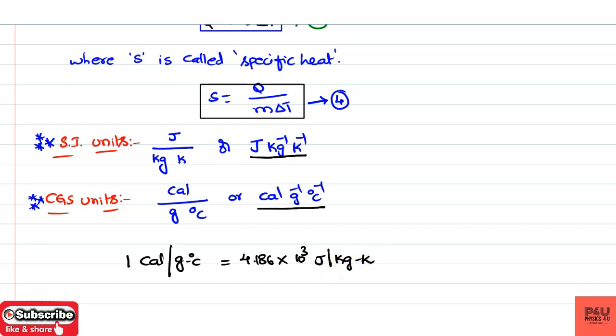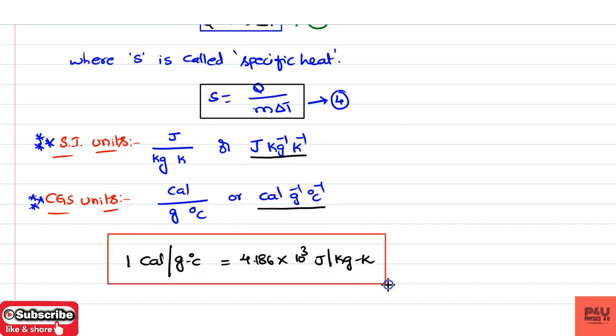This is a very, very important bit, so definitely this bit will be asked in the exam. 1 calorie per gram degree centigrade is equal to 4.186 into 10 power 3 joule per kg Kelvin.